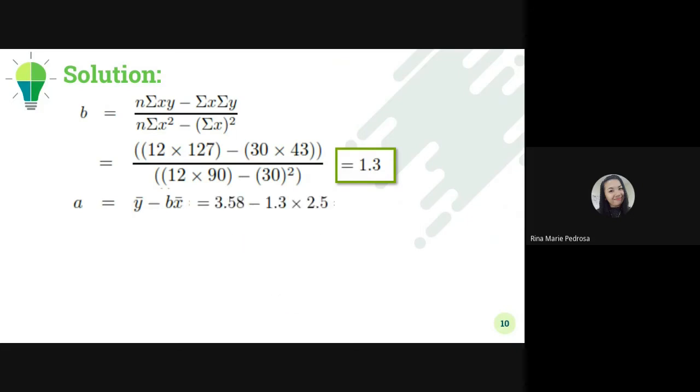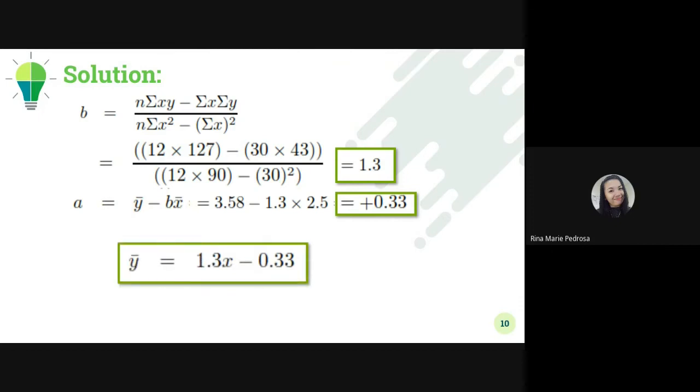So that is 3.58 minus 1.3 times 2.5. That is equivalent to 0.33. Substituting in our linear equation, we should have y mean is equal to 1.3x minus 0.33. So that is our linear equation.